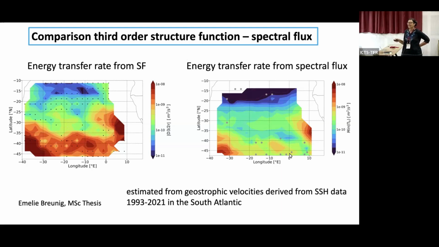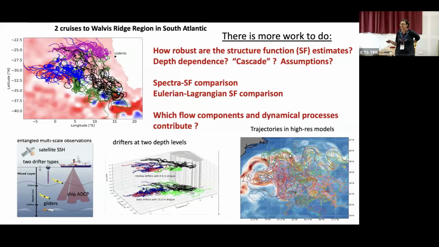And so you see that there are similar patterns, but you should note that those points are regions where you actually get a positive structure function, but there are many regions where you don't even get a positive structure function. So you have to be very careful with the structure function method, and so more work, I think, is needed.